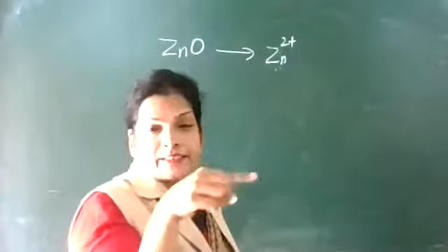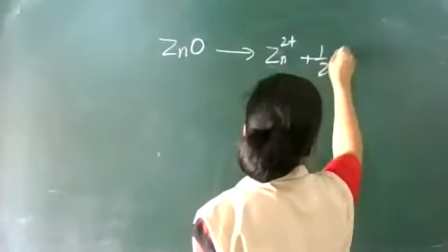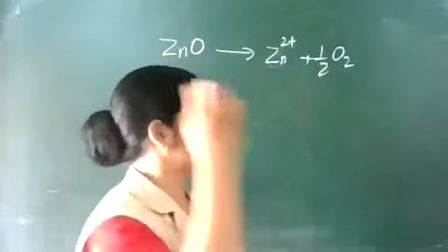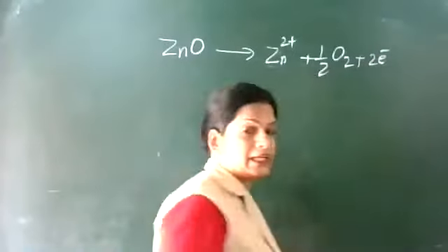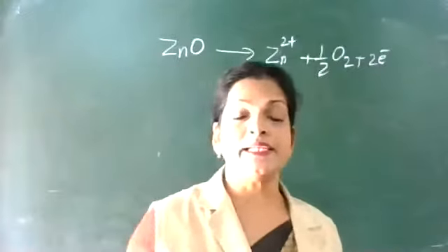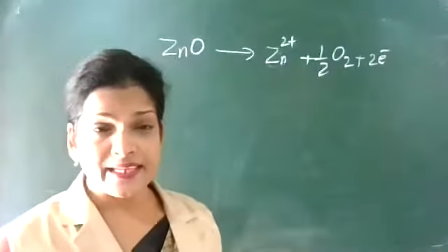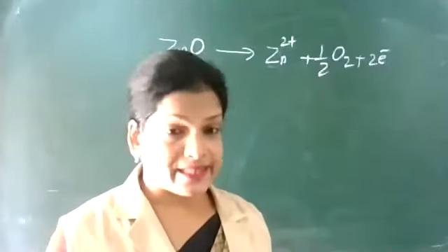It can get into the interstices. So the small Zn2 plus will be entering into the interstices. Here again, electrons are present.